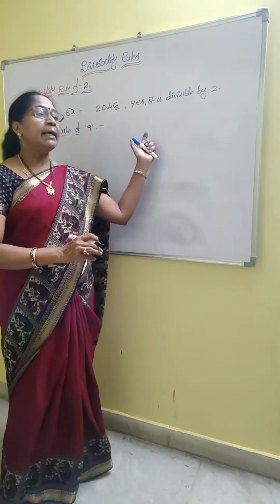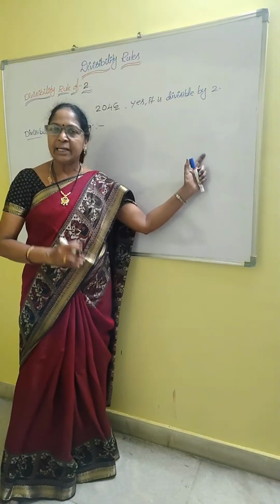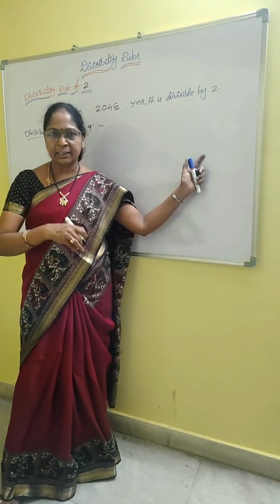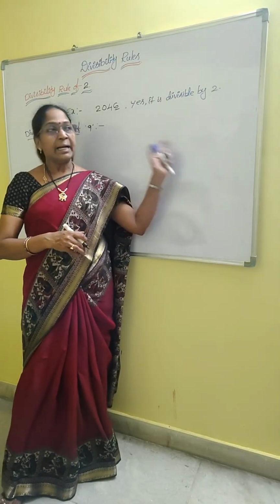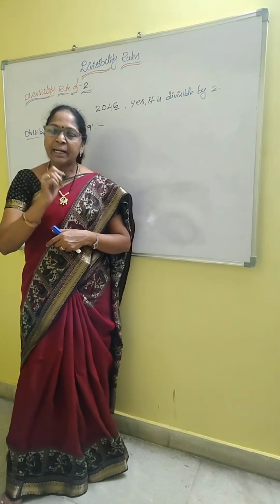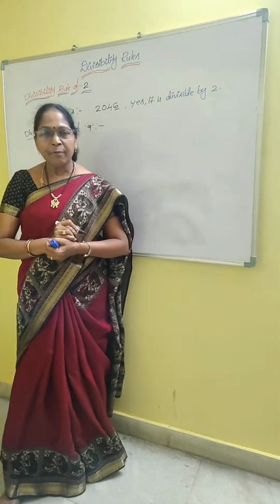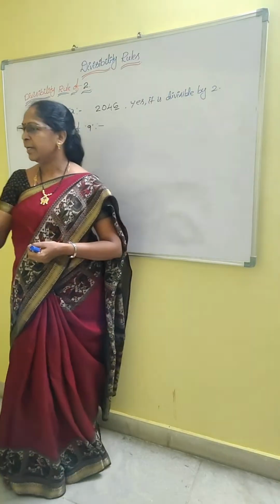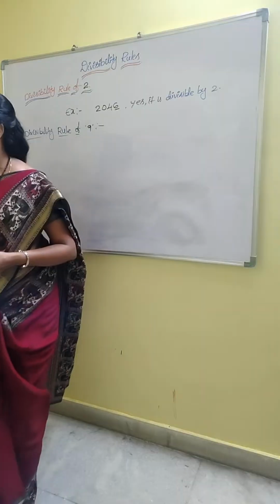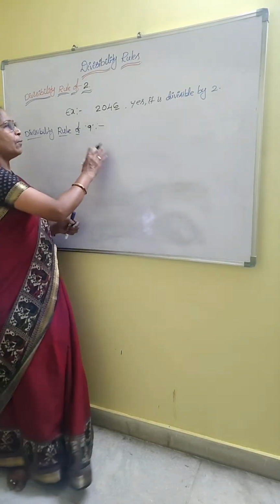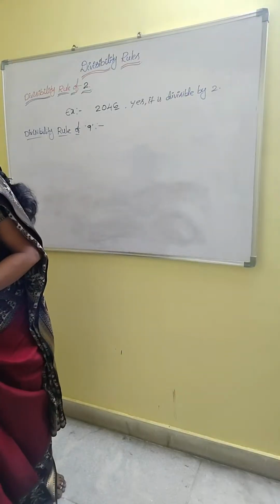Like that, for the divisibility rule of 9, the number is divisible by 9 when the sum of the digits is divisible by 9. That is the rule.